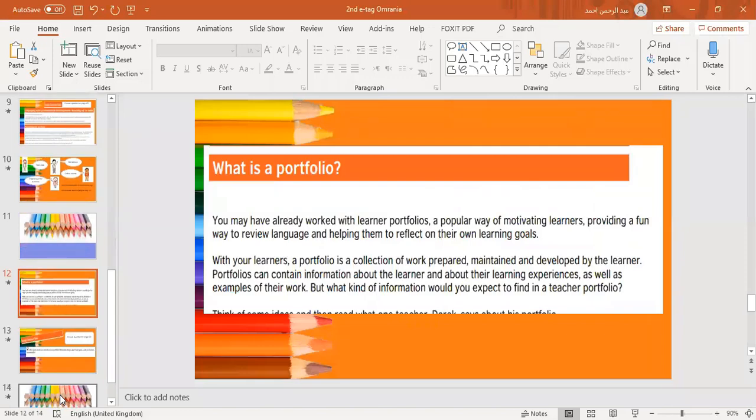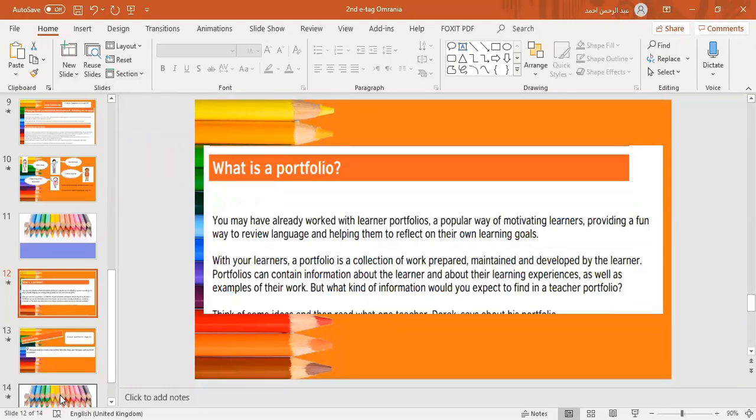Here is what's meant by portfolio. I think most of you have already used this portfolio for students in some years before the Ministry of Education canceled it. What's meant by portfolio?